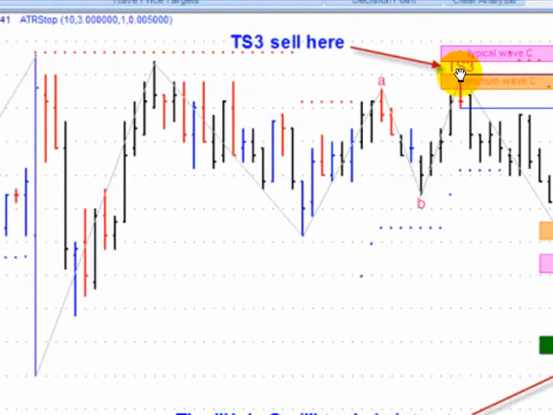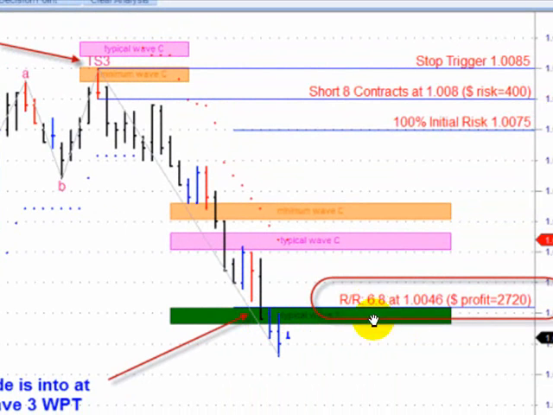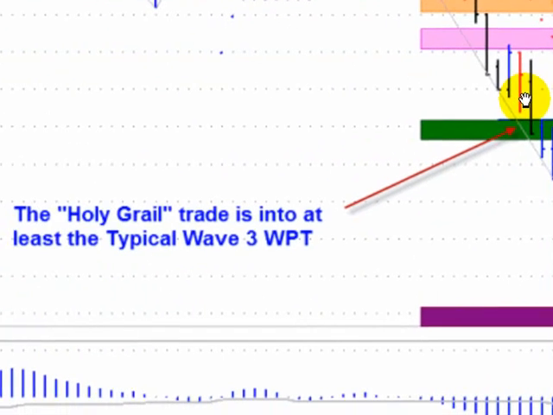We had an automatic sell signal provided by the software, and the trade was in this area at the time, and our MTPredictor software developer Steve Griffiths had said this was the target we'd be looking for, and we'd see on Monday if we were correct on that, and it did. It was a 6.8 to 1, nice risk reward there, risking 400 to take in 2,700. So hopefully some in the room caught that as well.